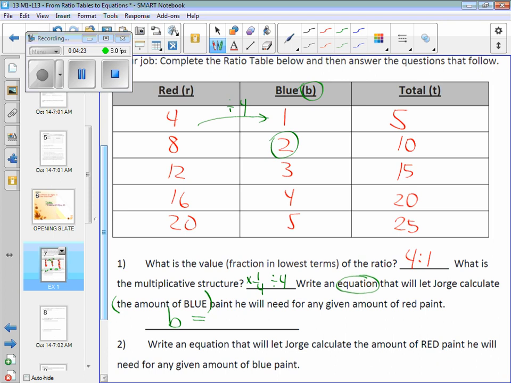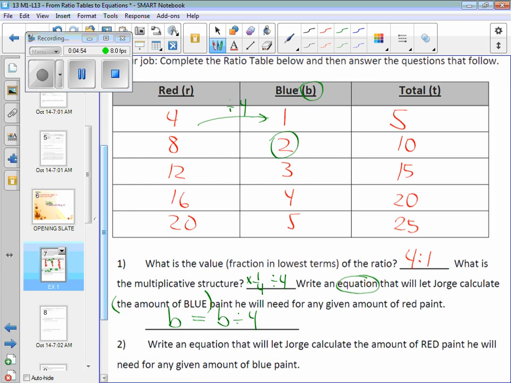No good. To get 2, what do you got to do to the 8? Gabby, you got to divide 8 by 4 to get 2. That's the hardest part of it, is trying to figure out what direction you're going in. To get this, I've got to divide R, divide by 4.